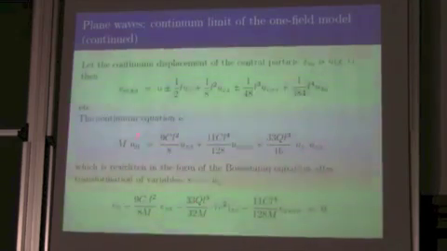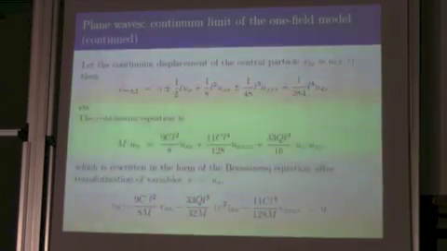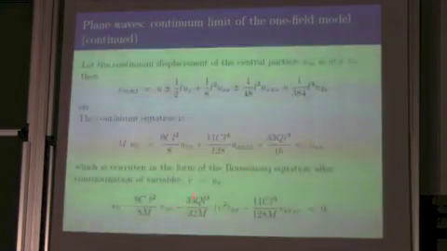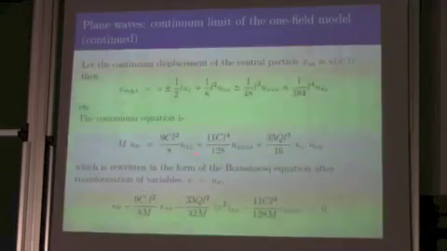This equation may be rewritten in a more familiar form using the transformation from the displacement to the strain, and then of course this is the famous Boussinesq equation, and this is integrable by means of the inverse scattering transform method.